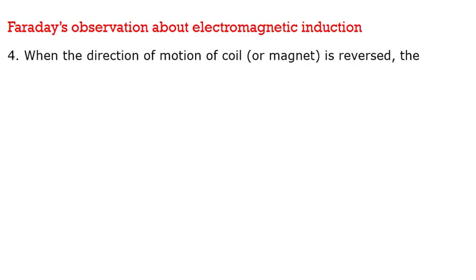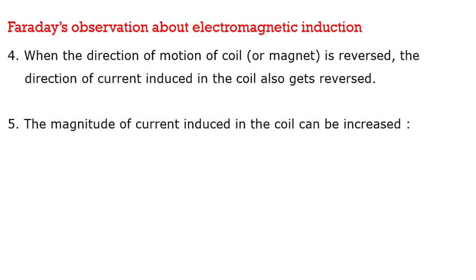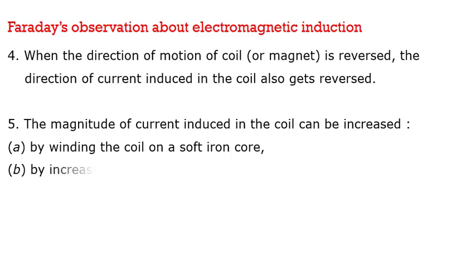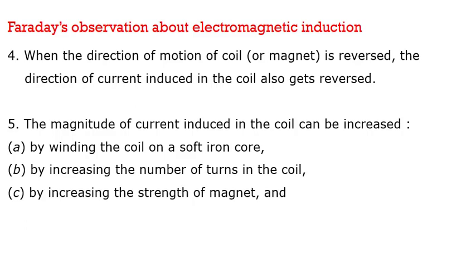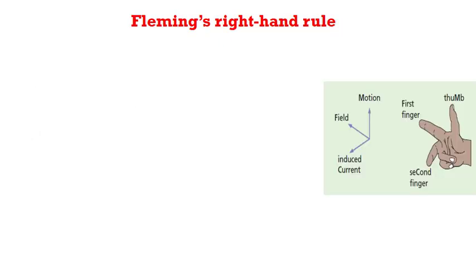When the direction of motion of the coil is reversed, the direction of current induced in the coil also gets reversed. The magnitude of current induced in the coil can be increased by winding the coil on a soft iron core, by increasing the number of turns of the coil, by increasing the strength of the magnet, and by increasing the speed of rotation of the coil.